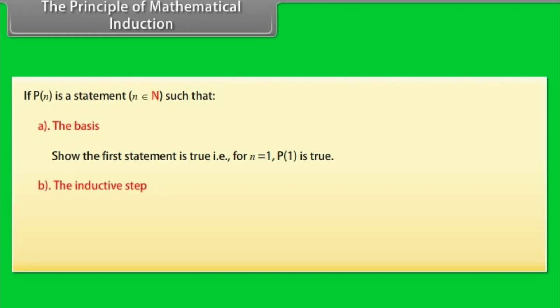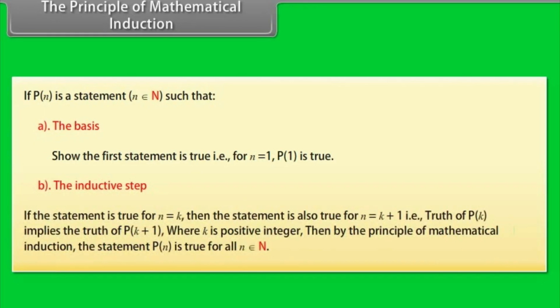The inductive step: if the statement is true for n is equal to k, then the statement is also true for n is equal to k plus 1, that is, truth of Pk implies the truth of Pk plus 1, where k is a positive integer. Then by the principle of mathematical induction, the statement Pn is true for all n belongs to capital N.